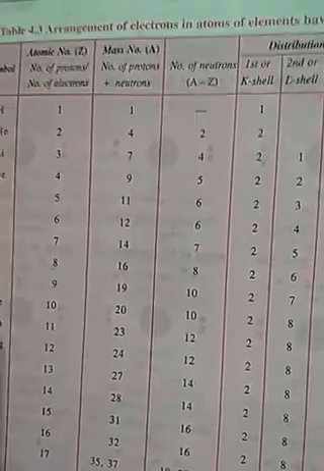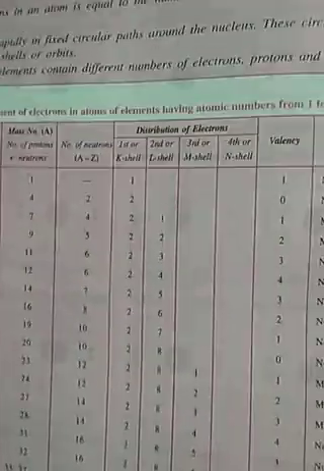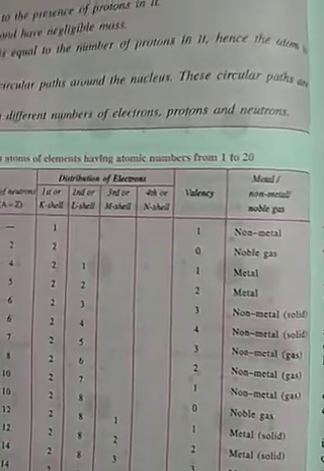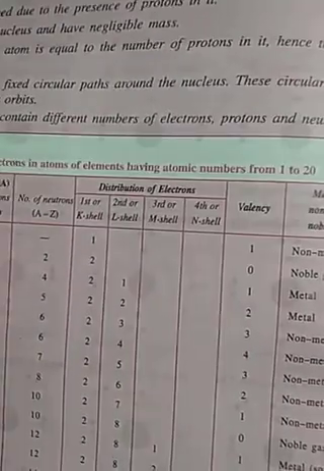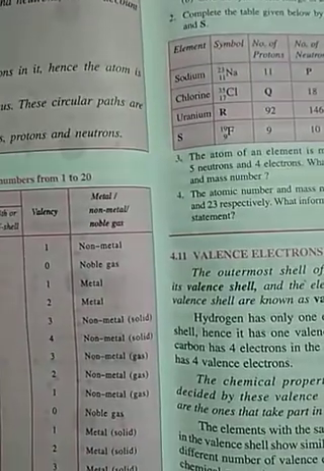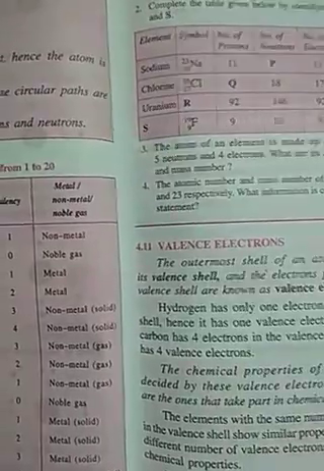Nitrogen and phosphorus have 5 electrons in the valence shell. Oxygen and sulfur, non-metals, have 6 electrons in the valence shell, while the halogen elements like fluorine, chlorine, bromine, iodine all have 7 electrons in the valence shell.